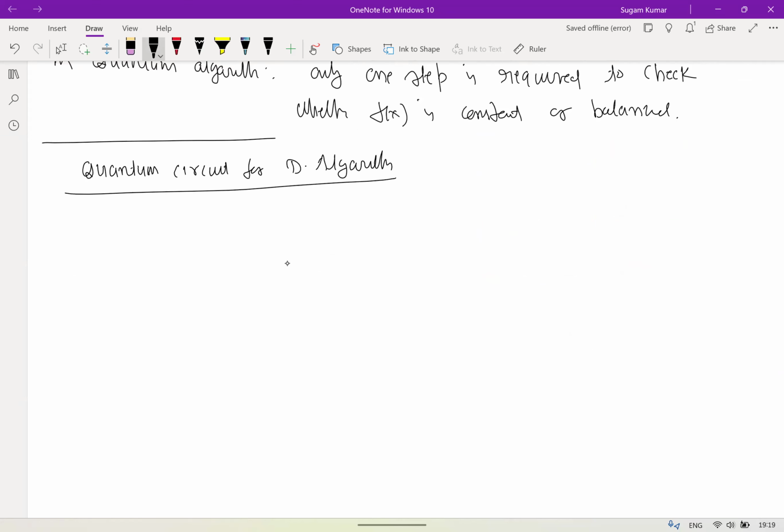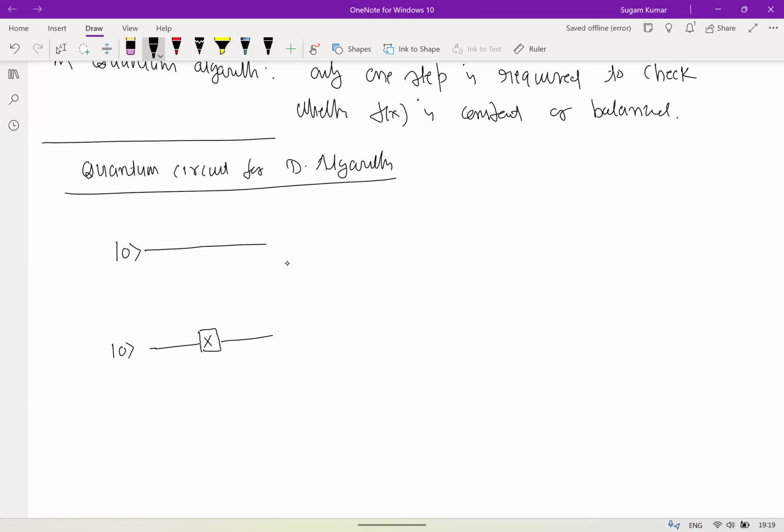So what does it include? It includes, let's say, 2 bits. It can be multiple bits. On the first bit you first apply the Hadamard gate, and then you have 0. First here you are going to invert, so you apply X. This X operation, the NOT gate, will simply flip 0 to 1.